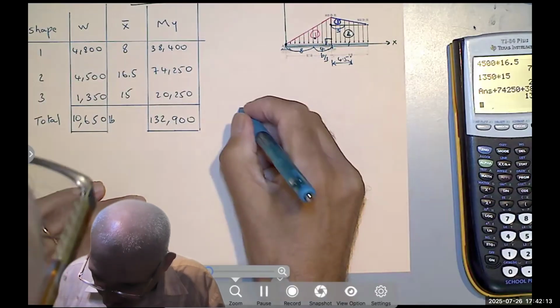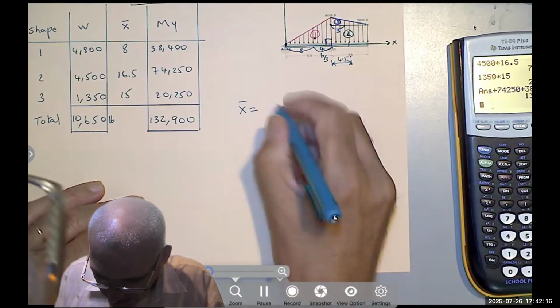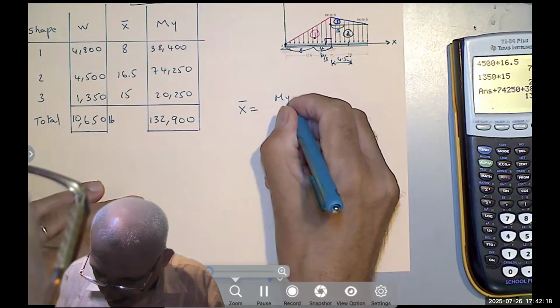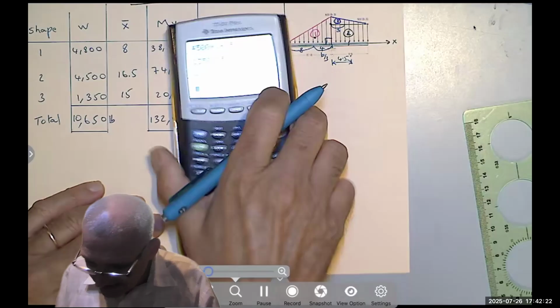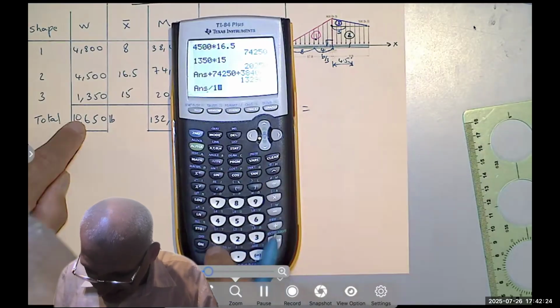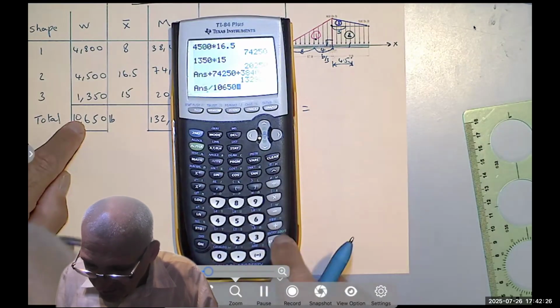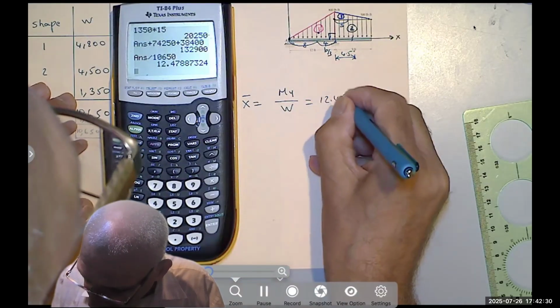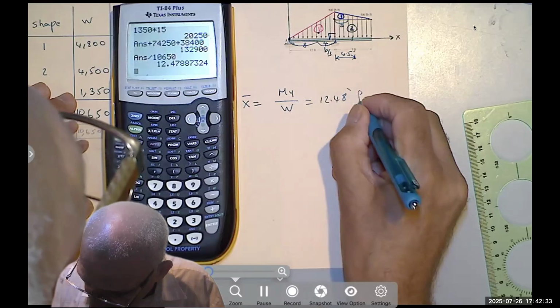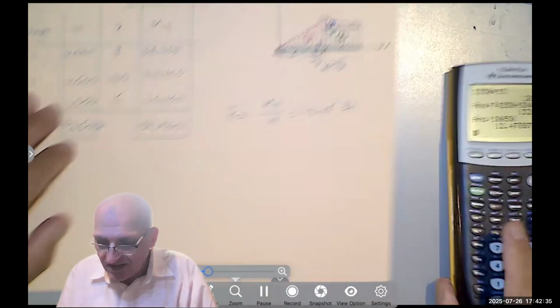And finally, you say x bar, the centroid, equals My over the area, which in this case is the weight. So you're going to divide that by 10,650, and you get roughly 12.48 feet, 12 and a half feet.